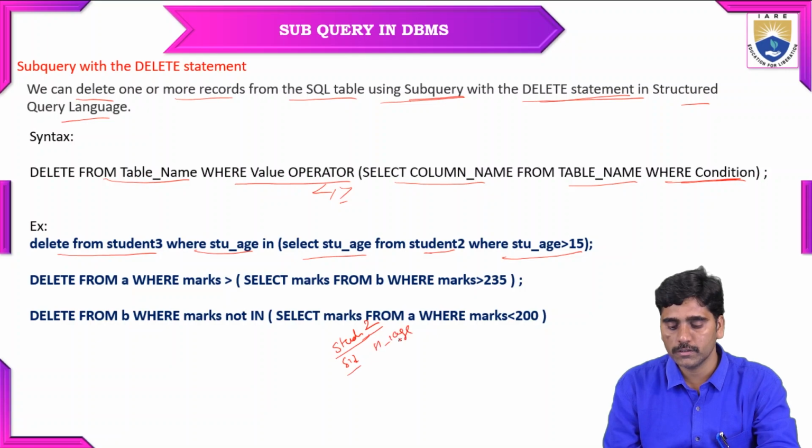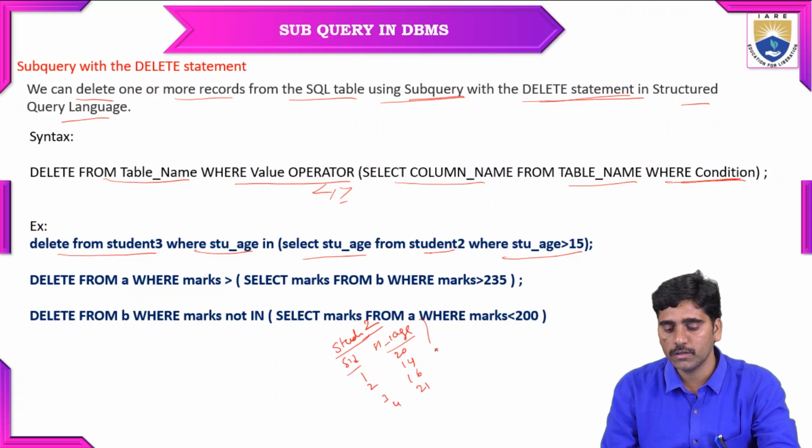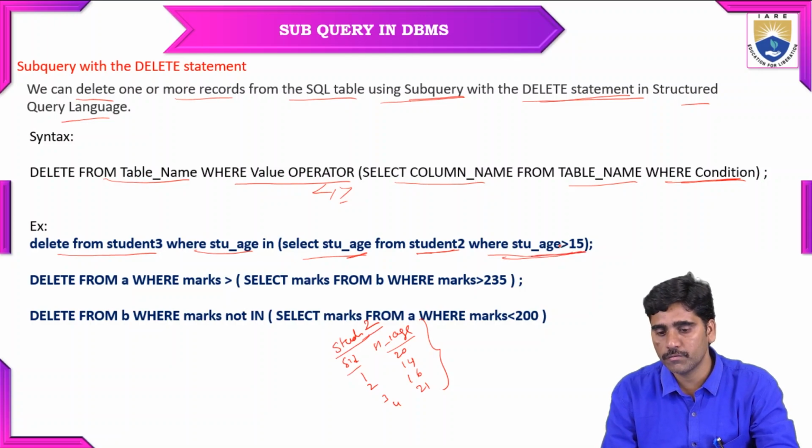The first has 20, the second has 14, the third has 16, the fourth has 21. From these values, the inner query, select student age from student 2 where student age greater than 15, is executed, so whoever has an age greater than 15 will be displayed.